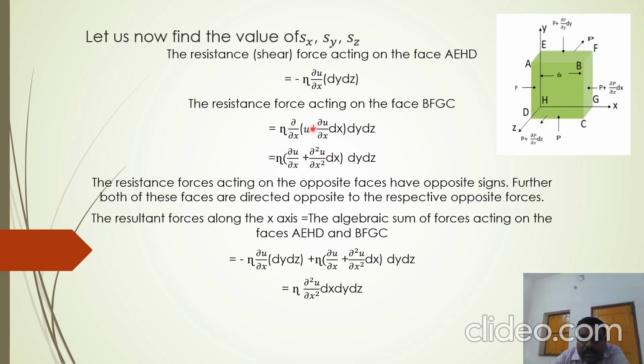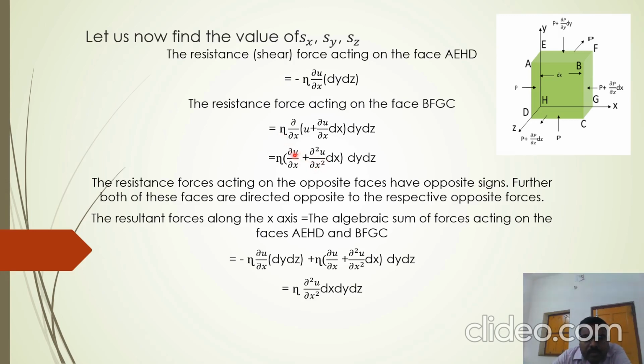Thus we can write it as eta into del u by del x plus del square u by del x square dx, into dy dz. Now here there are two terms, one positive and one negative, because the resisting forces acting on the opposite faces have opposite sign.